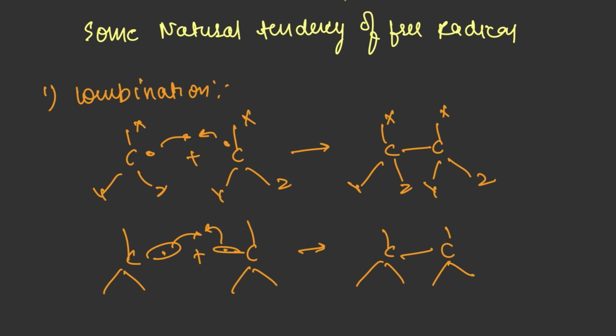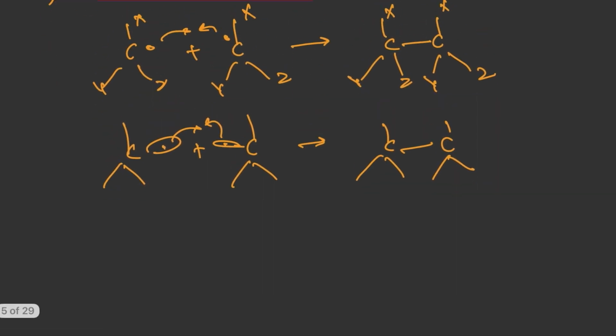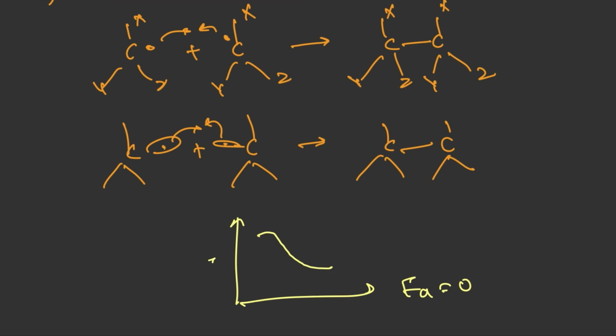And if you look at the activation energy of the reaction, activation energy is 0 because it already has 7 electrons, and the graph looks like this. It does not need any energy to activate, because it has 7 electrons initially, but it has 8 electrons finally, and it completes its octet. So it does not need any energy to proceed; spontaneously this reaction happens.